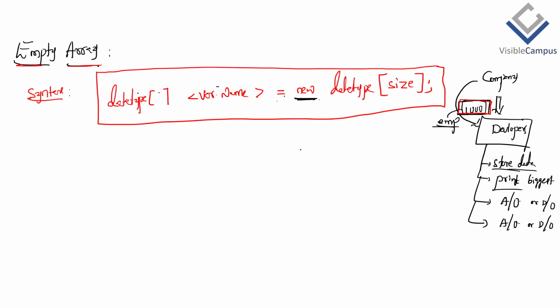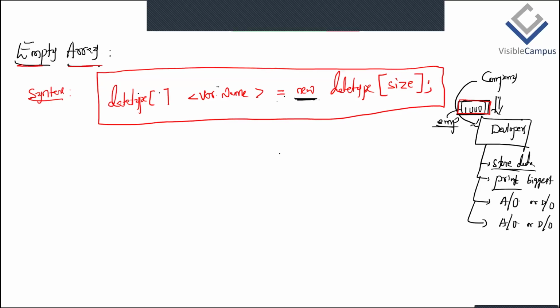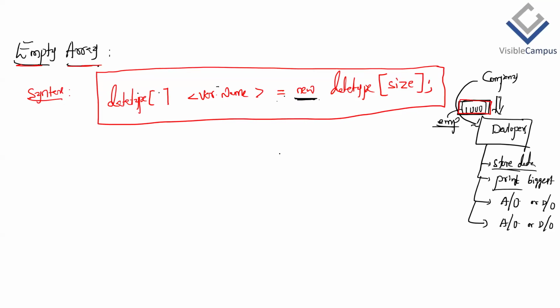That's the reason arrays are stored internally in heap memory. So why in heap memory? I ask you to just remember it for now, but it is because of this syntax. And what if we declare int x equals some values, say 100, 200, and so on?